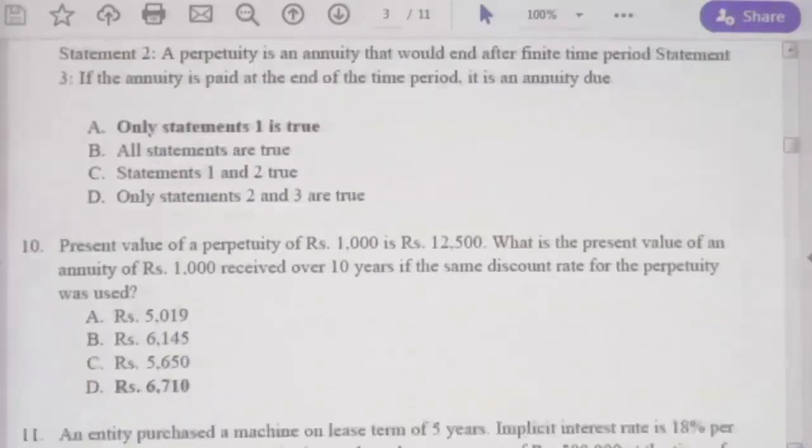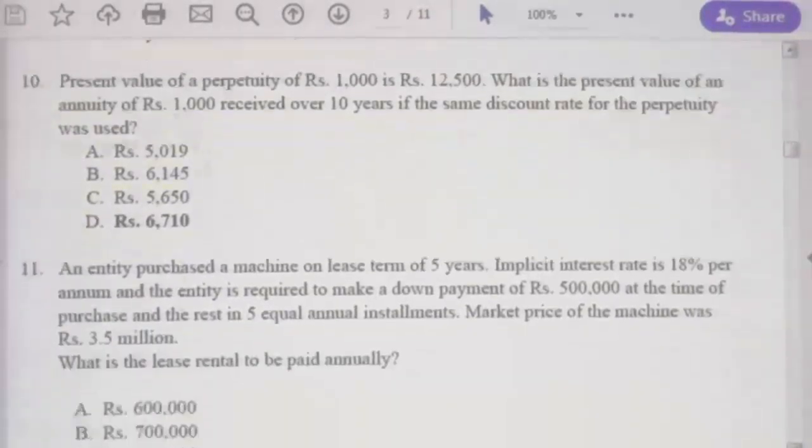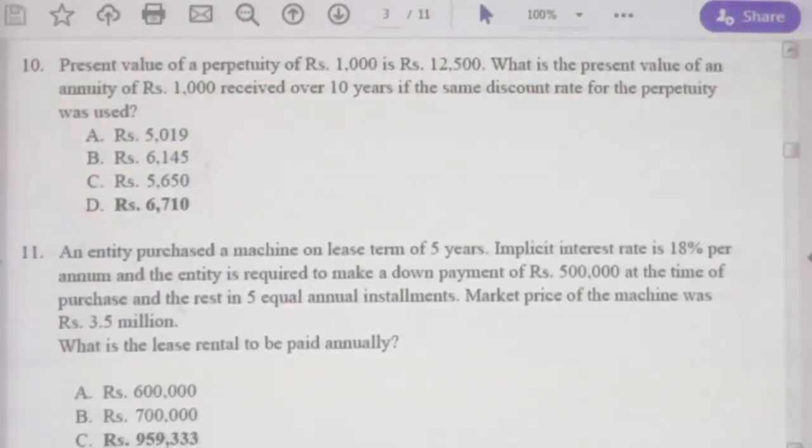Now, question number 10. The present value of a perpetuity of 1000 is 12,500. What is the present value of an annuity of 1000 received over 10 years if the same discount rate for the perpetuity was used? Right.